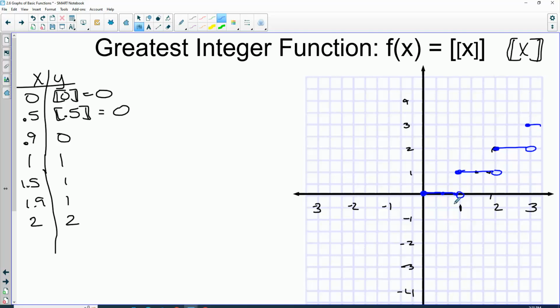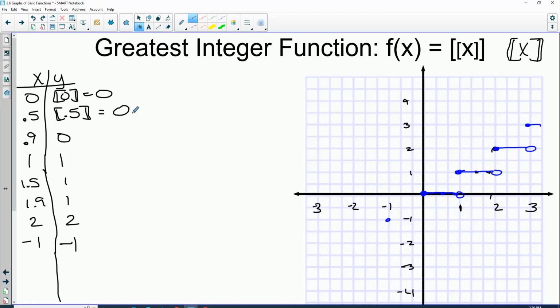Okay? If I put in negatives, let's make sure it works the same way. If I put in negative 1, what do we get out? Is negative 1 an integer? Yep, so negative 1 would give me negative 1.